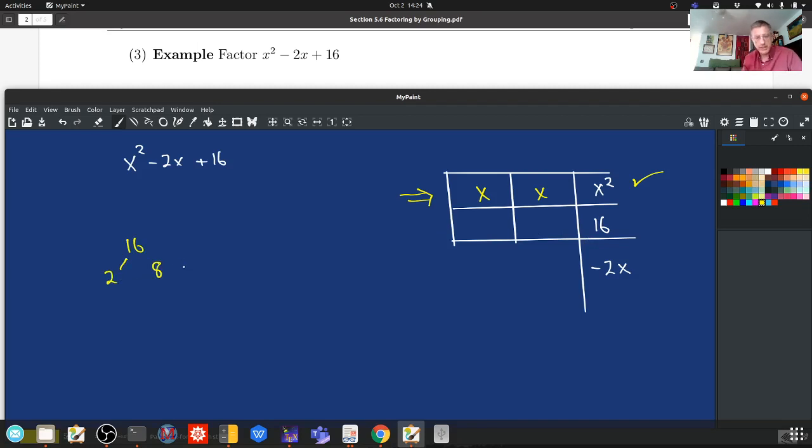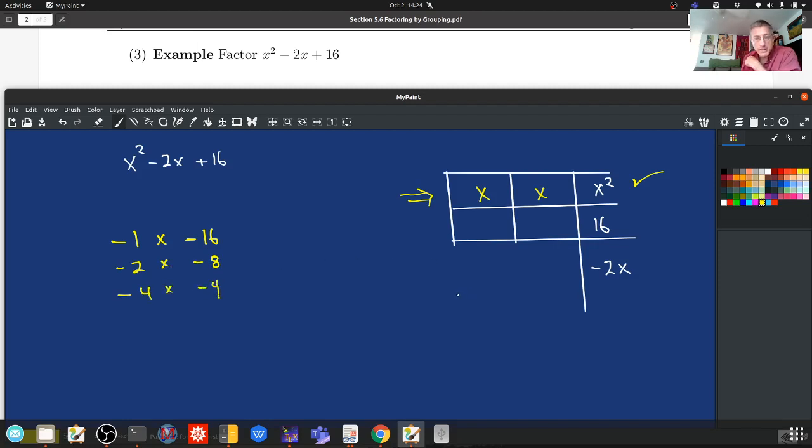Well, let's look at all of the possibilities we have. We have minus 1 times minus 16. That's one possibility. Minus 2 times minus 8. That's another possibility. And minus 4 times minus 4.